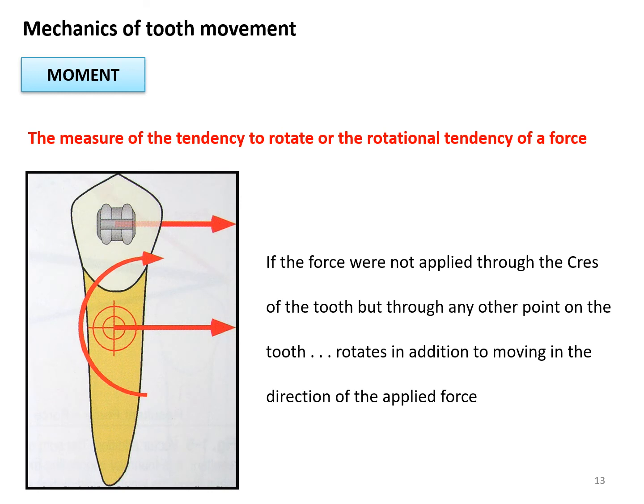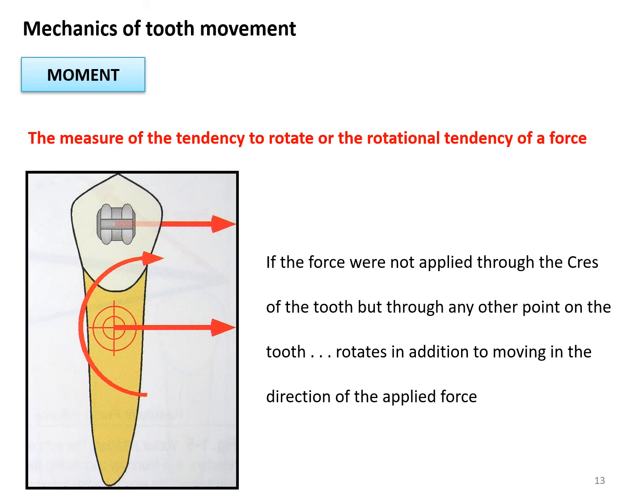So the next concept we will be learning is a moment. So what is a moment? The measure of the tendency to rotate, or the rotational tendency of a force, is what is known as moment. So if the force were not applied through the center of resistance of the tooth but through any other point, the tooth rotates in addition to moving in the direction of the applied force.